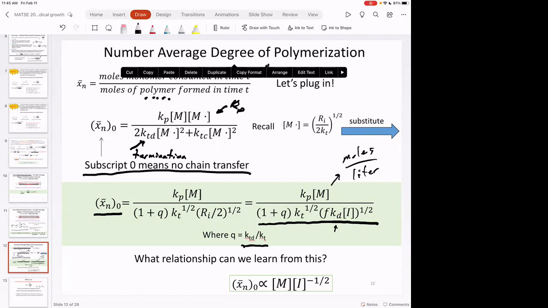Or as the homework says, I think this is 4.4, it asks you about the initiator concentration. So it gives you a bunch of information. You have to make a little table, what you know, what you don't know. And it says, please calculate the initiator concentration for this situation. So remember, we only have one equation.